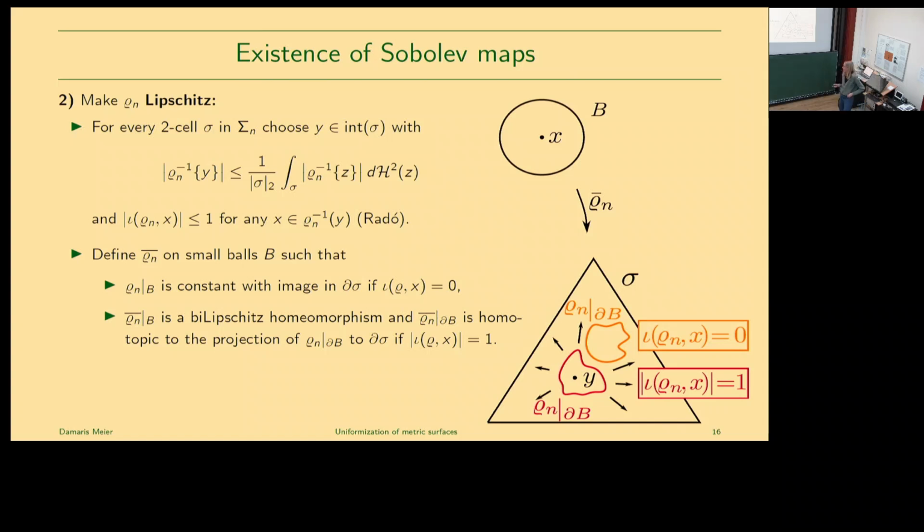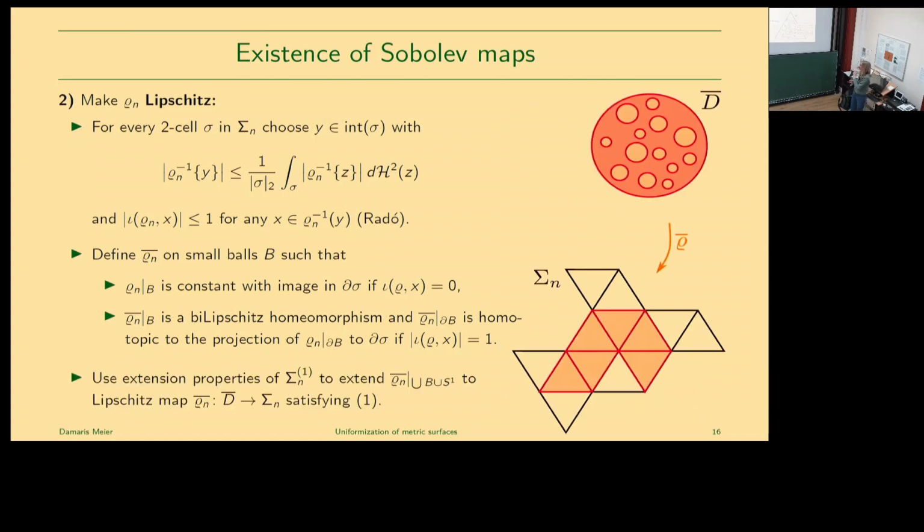If the winding number is 1 or minus 1, we push the whole curve to the boundary and then extend it by Lipschitz-volume. So we get a bi-Lipschitz homeomorphism on this ball B, and this map restricted to the boundary is homotopic to just projecting to the boundary. That's how we define the map on these small balls.